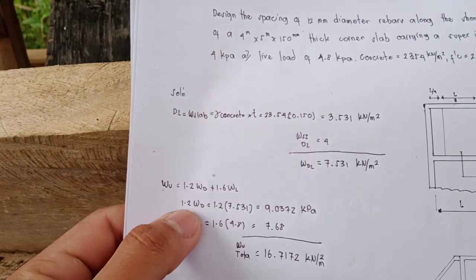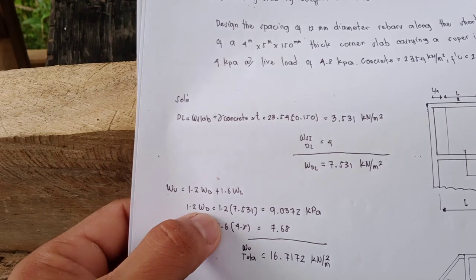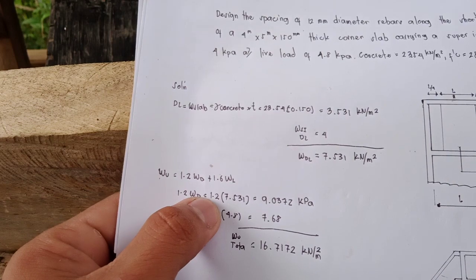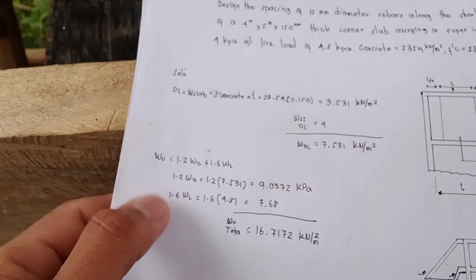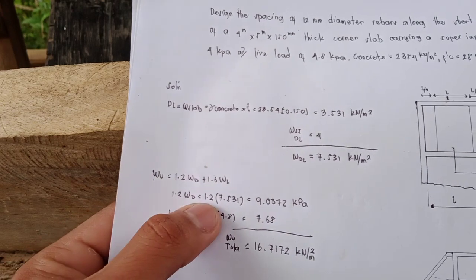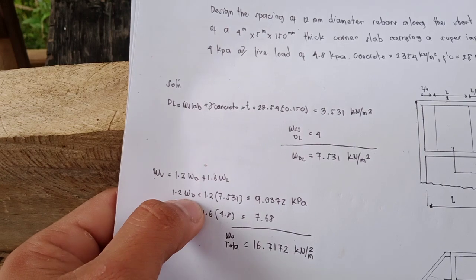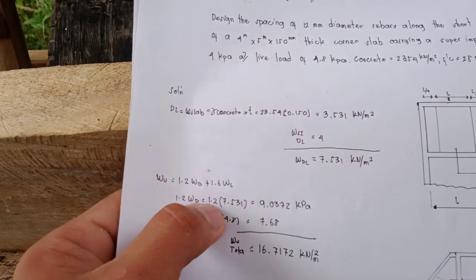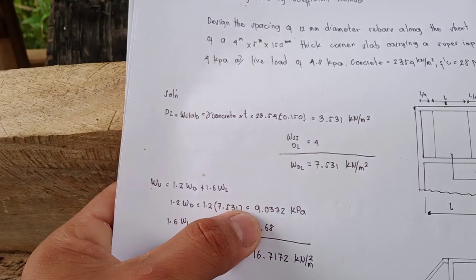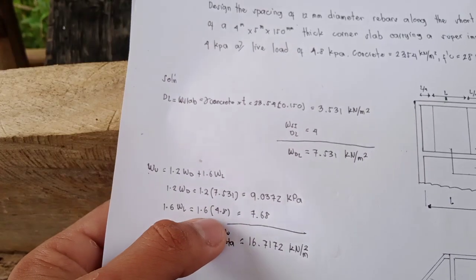As we can see, 1.2 WD, the weight of dead load, equals 1.2 times 7.531, which is equal to 9.0372.